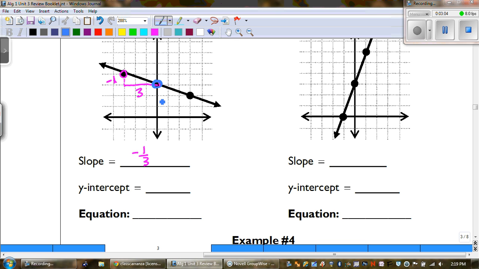My y-intercept is where it crosses the y-axis, and that is at the point 0, 3. So then we take all that information and plug it in. So we get negative 1/3 x plus 3. Okay? Why don't you guys try the next one on your own? Go ahead and pause the video, and good luck.